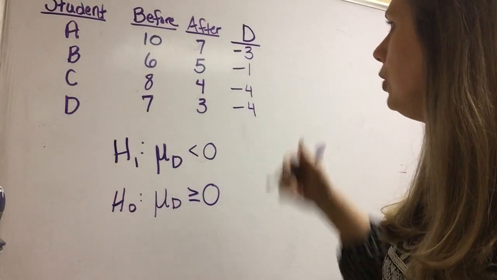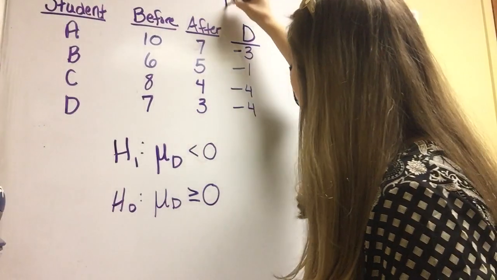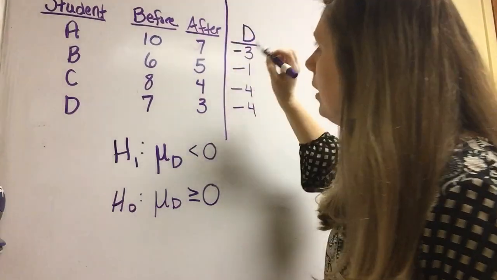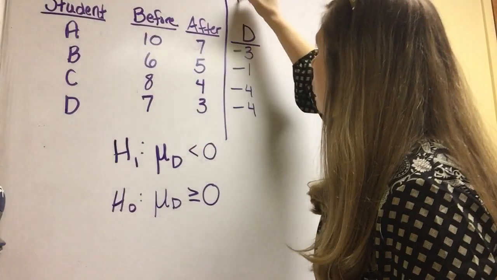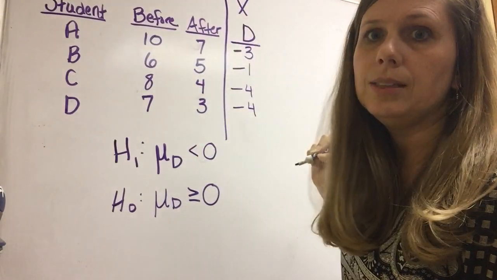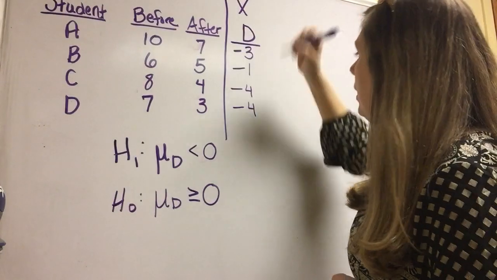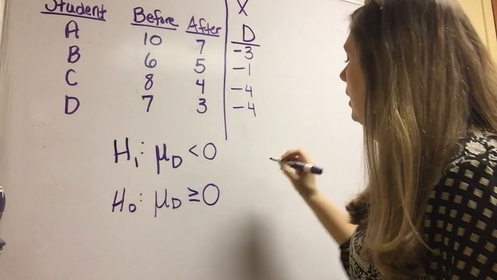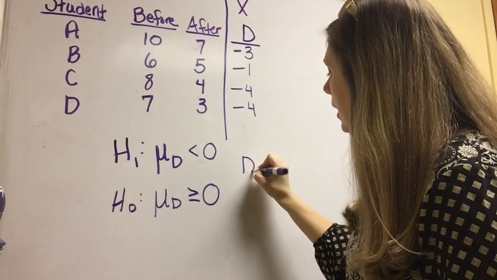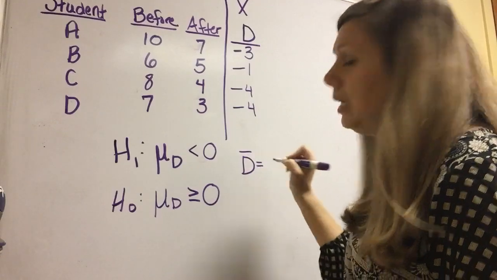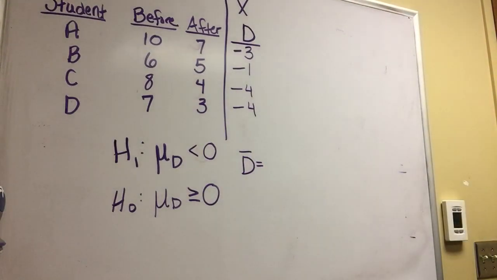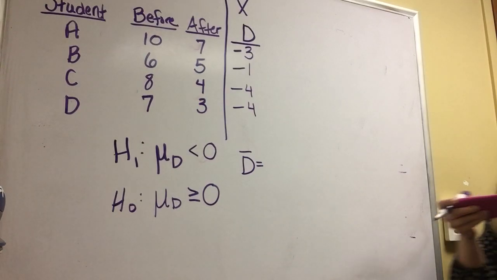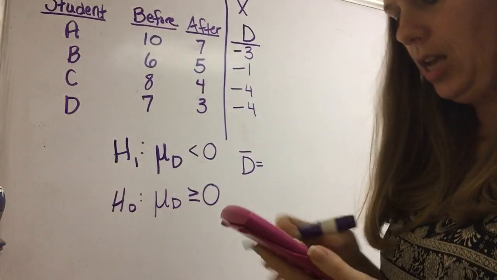Remember I told you that once you have your difference scores, you can draw a line here. Nothing over here matters anymore. This is your new X column, essentially. And so we need to find a mean of this D column. Remember, the D with the bar over it is the mean of the difference scores. So I'm going to grab my calculator because I don't have you guys here to do all this number crunching for me.